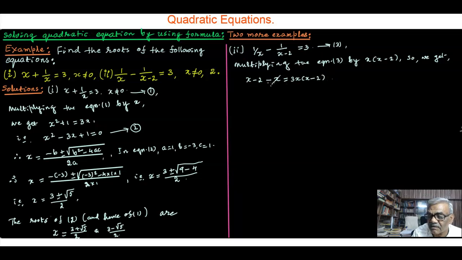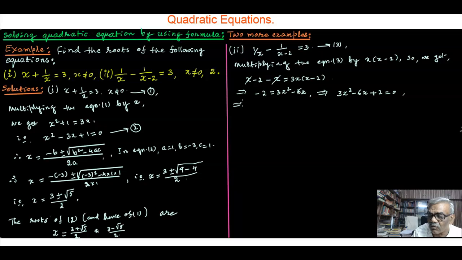Simplifying this, minus x plus x is getting cancelled here. This implies minus 2 is equal to 3x square minus 6x. That is going to be 3x square minus 6x, and take this 2 to the right hand side, plus 2 is equal to 0.